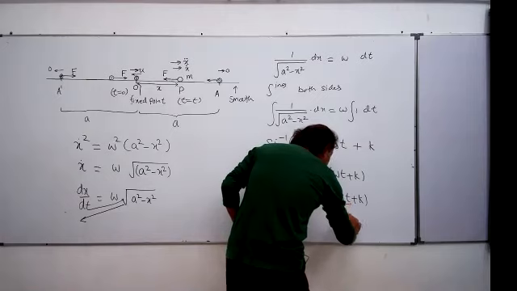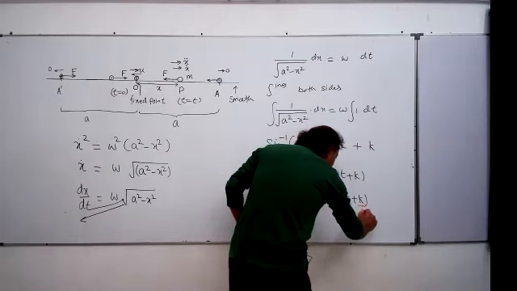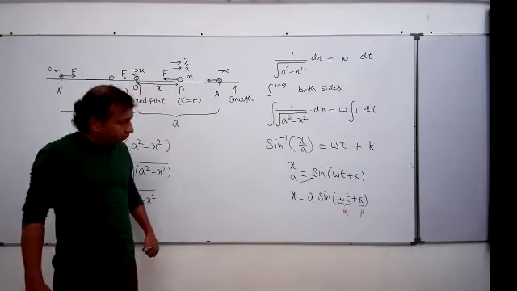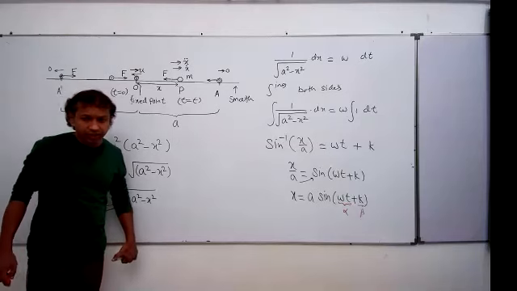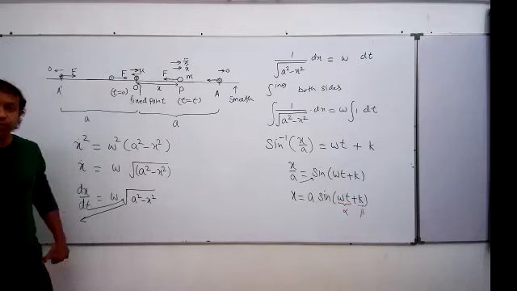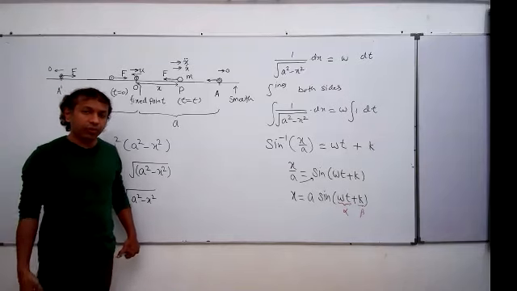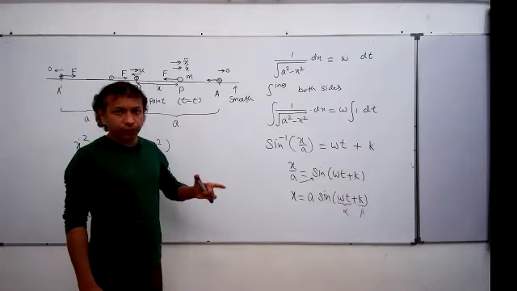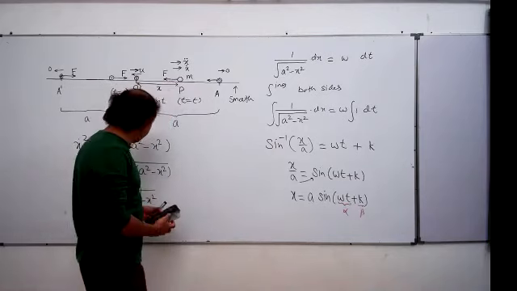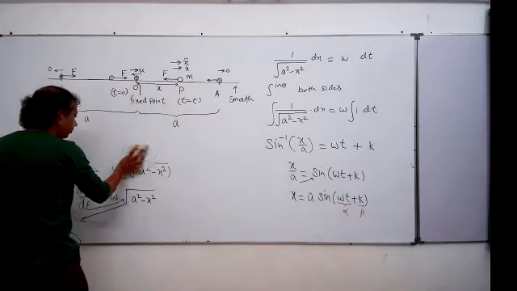Suppose this is alpha, say this k, suppose beta. Then within the bracket we have alpha plus beta. Then this is nothing but sin alpha plus beta, sin a plus b form. You know, sin a plus b we can expand as sin a cos b plus cos a sin b. So once you expand like that, people, you get something like this.